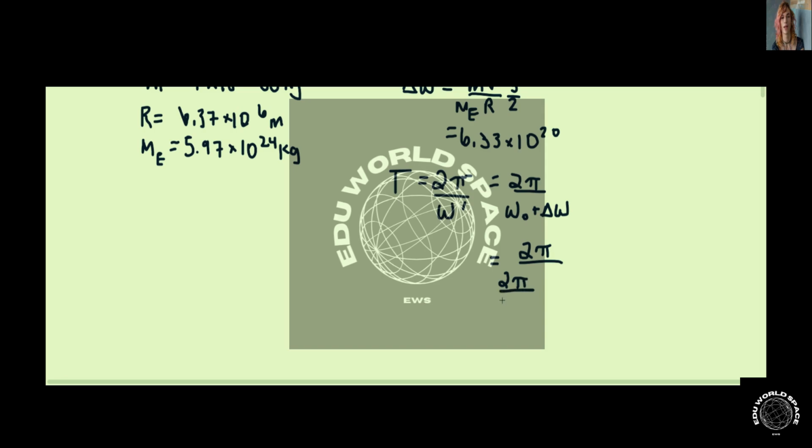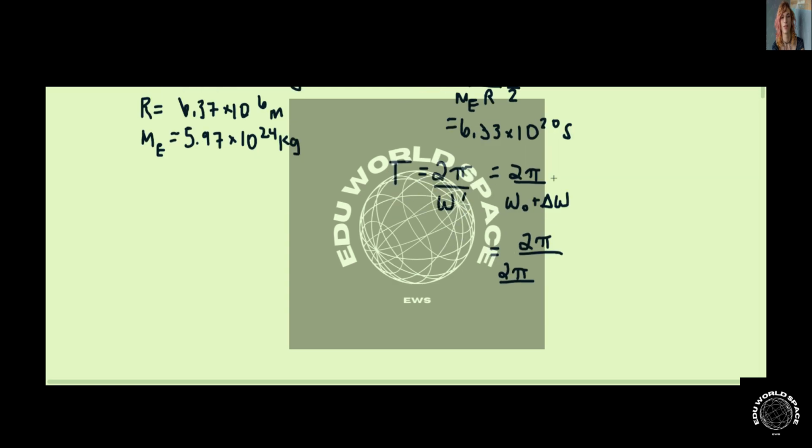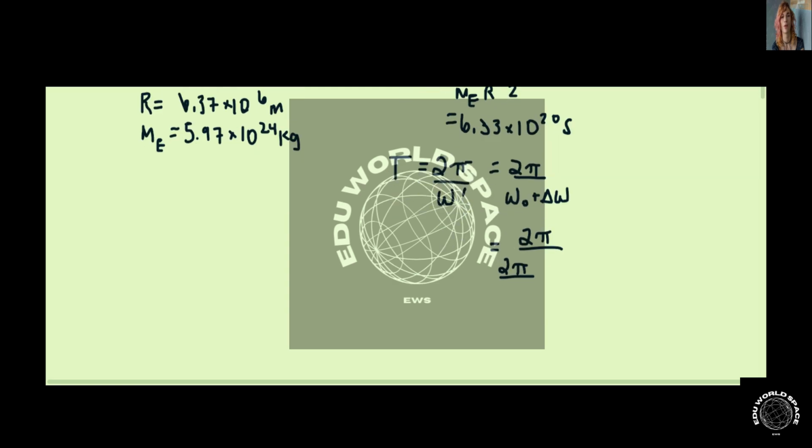This simplifies a little bit. Oh yeah, this was in seconds. The original omega of the Earth is 2 pi divided by the period. The period is 24 hours, so it's 24 hours times 3,600 seconds in an hour. And then that's going to be plus delta omega.